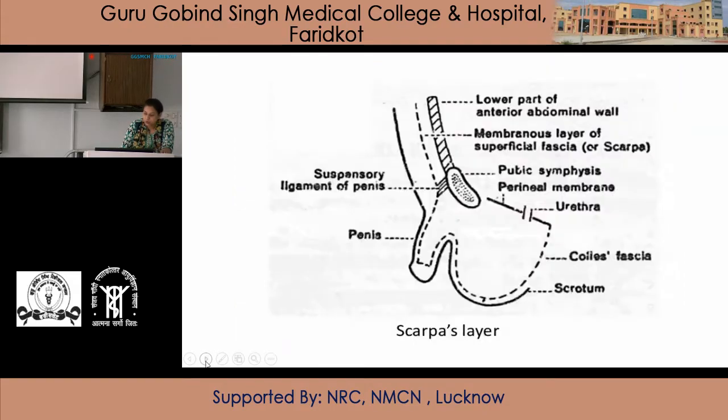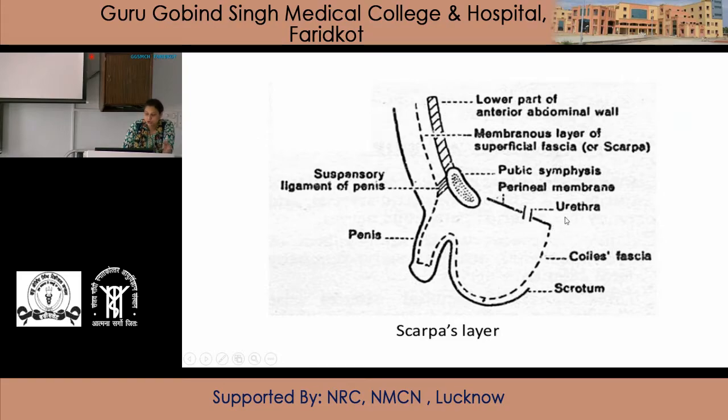So, this is the membranous layer of the superficial fascia, and here is the Colles fascia. The attachment of the membranous layer of the superficial fascia and the Colles fascia of the perineum is such that it restricts the extravasated urine from passing into the upper abdomen, the ischiorectal fossa or the thigh due to rupture of the urethra.